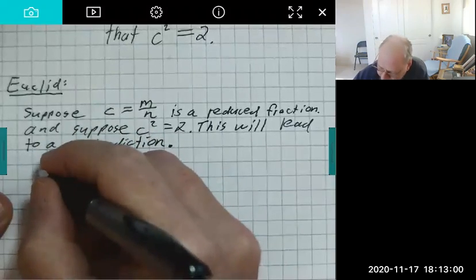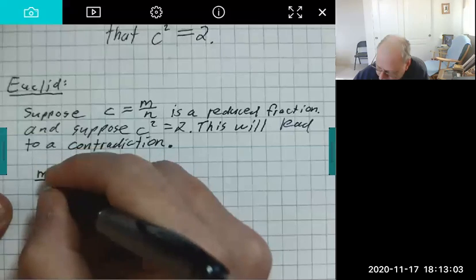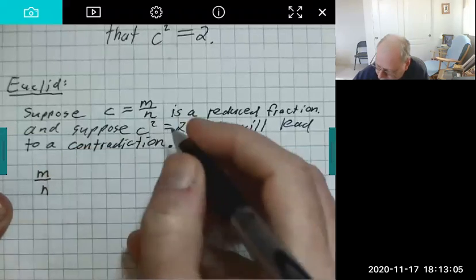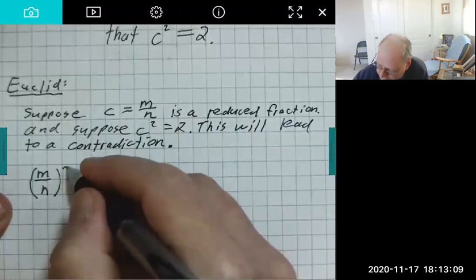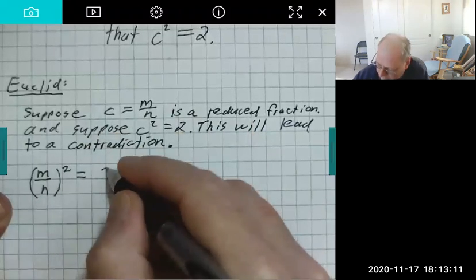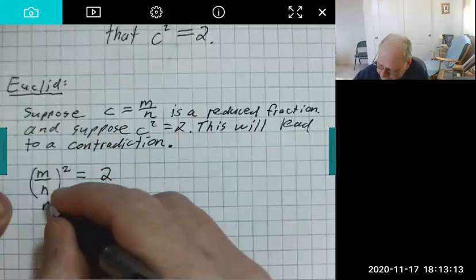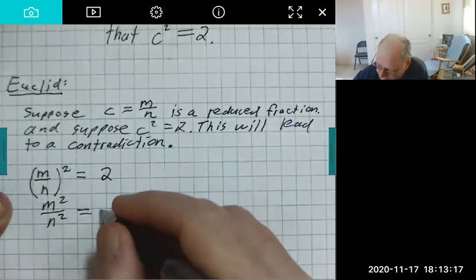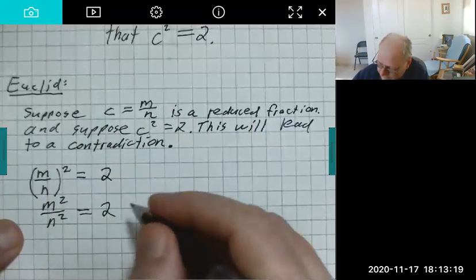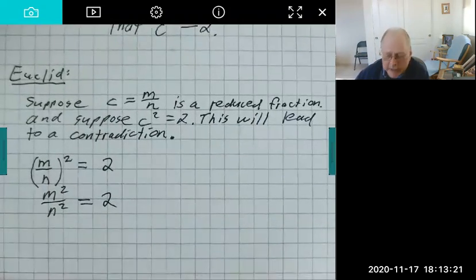Well, it's this reduced fraction, m over n, that when you square it, you get 2. So m squared over n squared is 2.